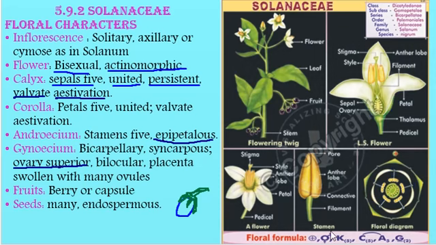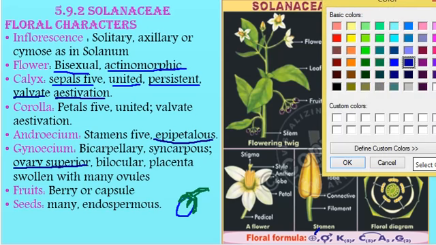Floral formula, that is actinomorphic. What do you mean by actinomorphic? That is, we can cut the flower into 2 equal halves in more than one plane passing through the central axis, okay. The actinomorphic condition is shown like this. Then bisexual.